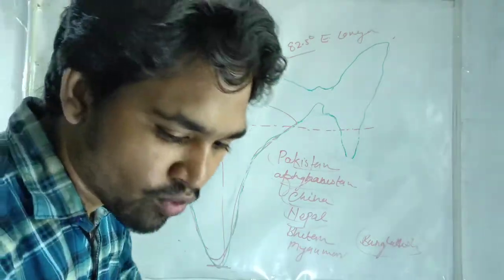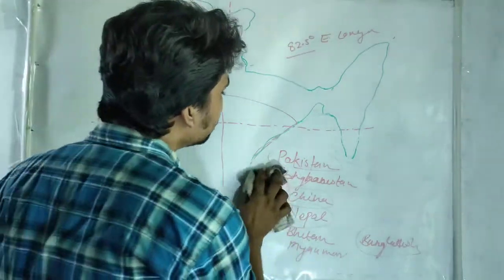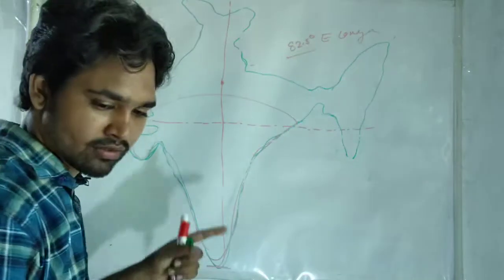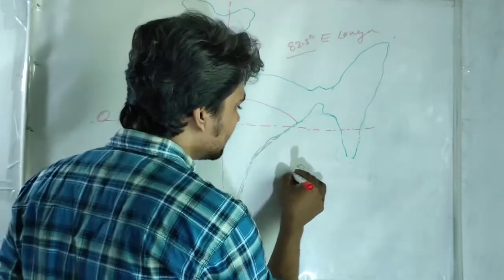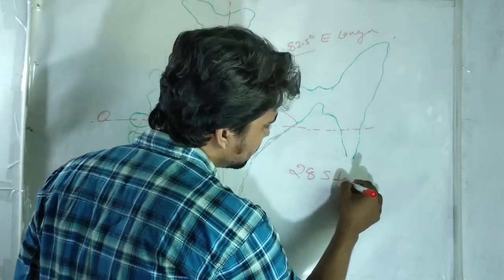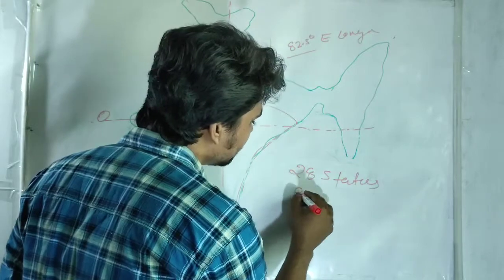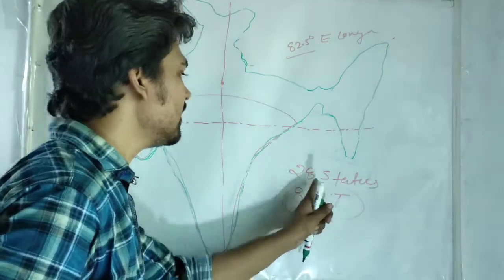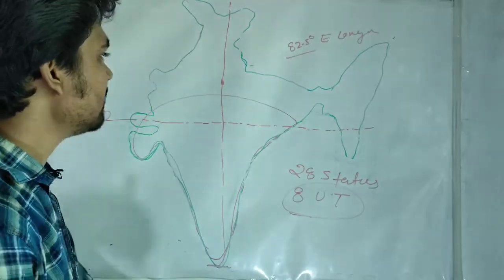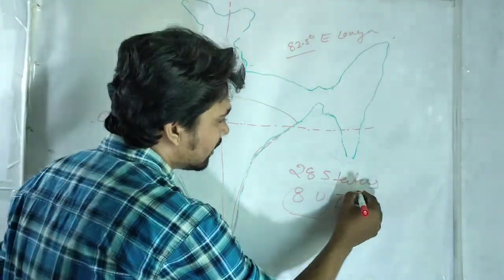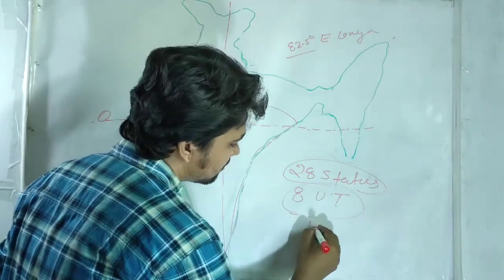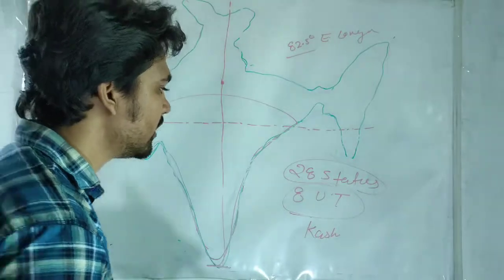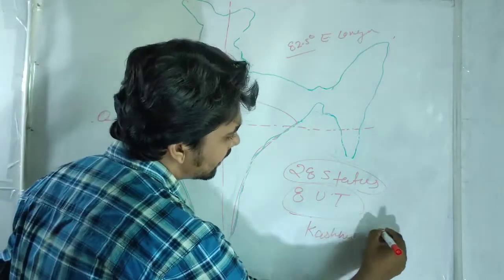Friends, on the political level, India has 28 states and 8 union territories. Recently, the state of Kashmir has been divided into 2 union territories, that is Kashmir and Ladakh.